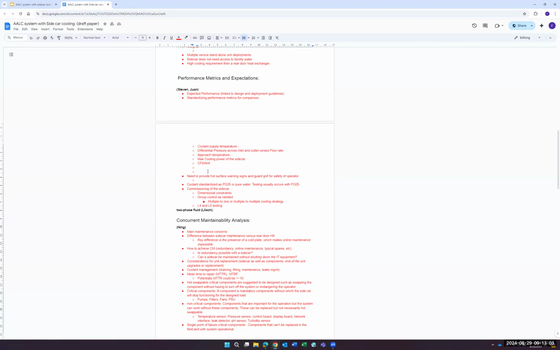It depends on the application, Rajesh. As you know, if you're using it for, let's say, GPUs, then you probably want a more aggressive approach temperature. But if you're using it for compute, like CPUs, then maybe the approach temperature can be more relaxed.